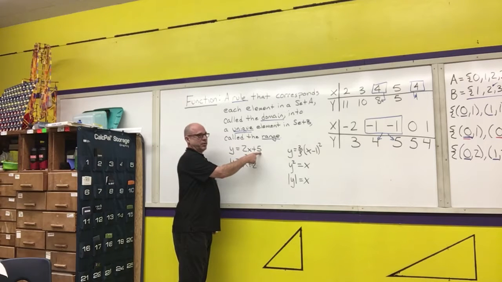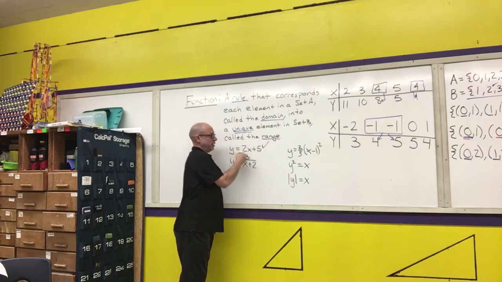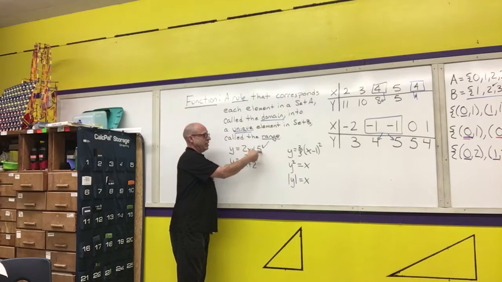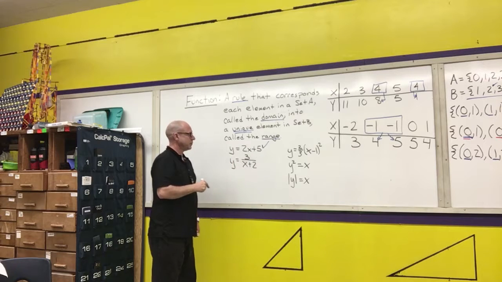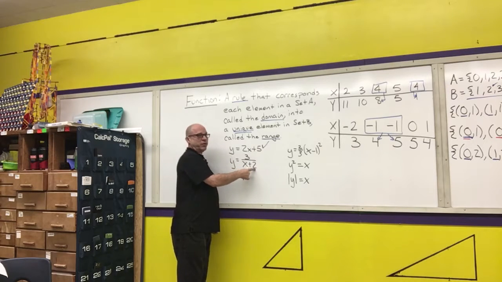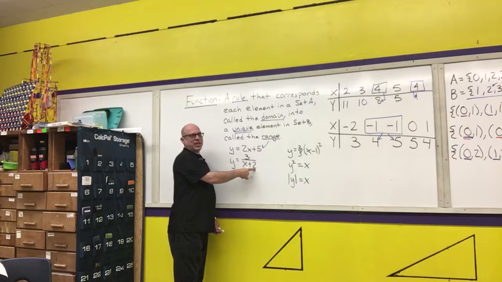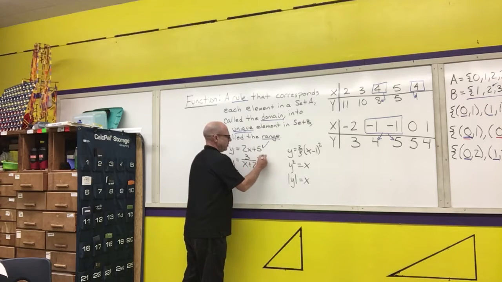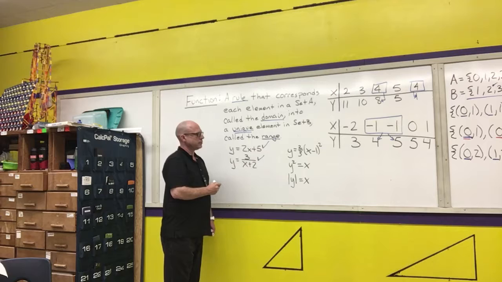And if I add 5 to it, I can still only get one answer. So basically, every linear equation is a function. Let's start here. If I add 2 to a number, there's only one possible answer. And if I take 3 divided by that number, again, there's only one possible answer. So this is a function.